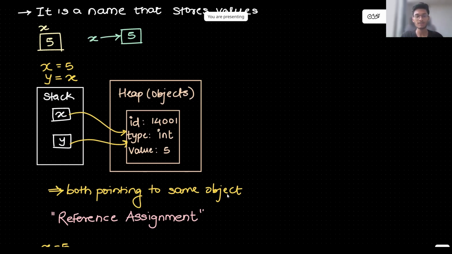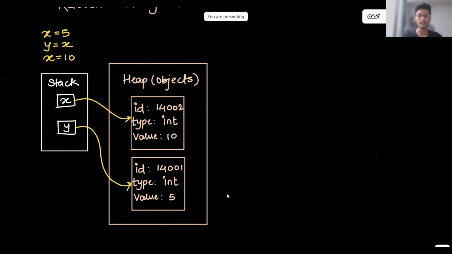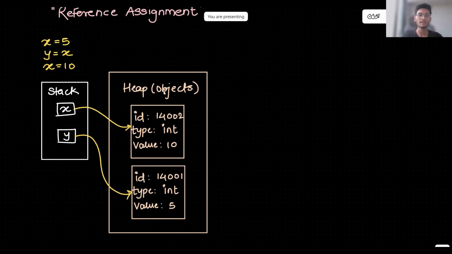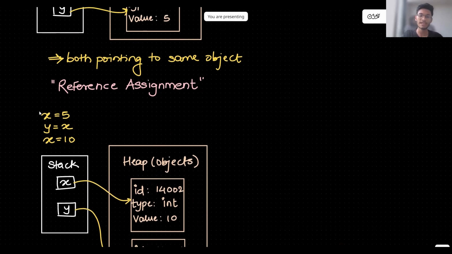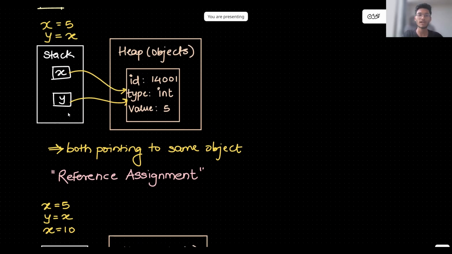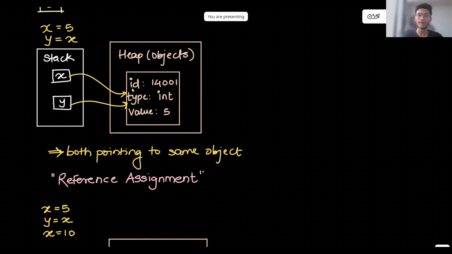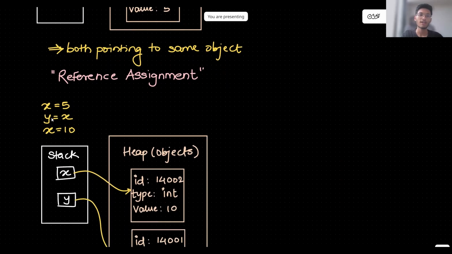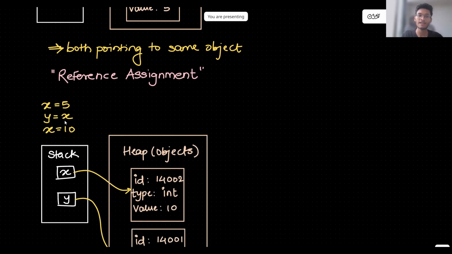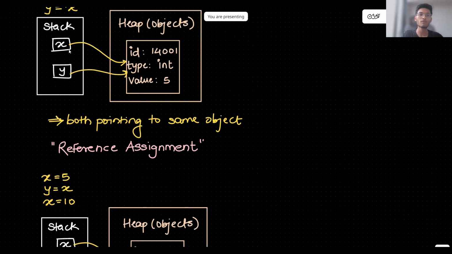I hope you understood this. Now we'll do this practically also. What happens if I do something like this? I'm writing x equal to 5. When the first statement is executing, my variable is pointing to the object with value 5. Now if I write y equal to x, both the x and y variables are pointing to the object holding value 5.